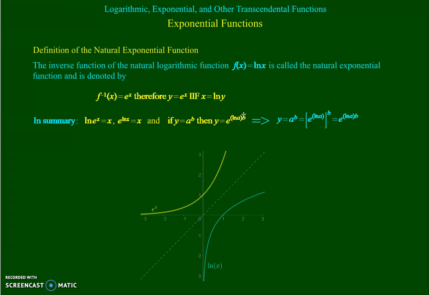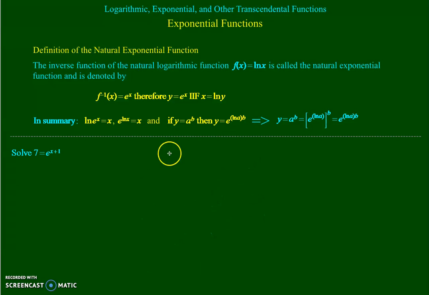Let's go ahead and work through a few examples of some exponential functions just to refresh us with the ideas of logarithms and exponents. So we're being asked to solve 7 equals e to the x plus 1. Now there's a couple of ways to do this. Probably the most straightforward way is just to take the natural log of both sides and work from there.